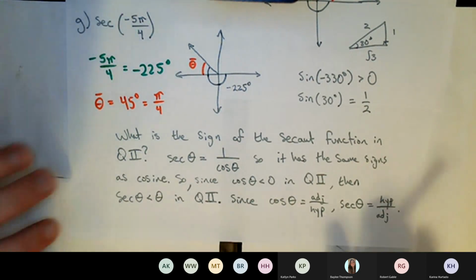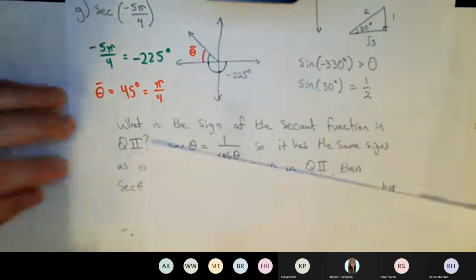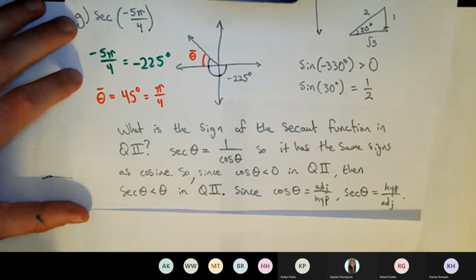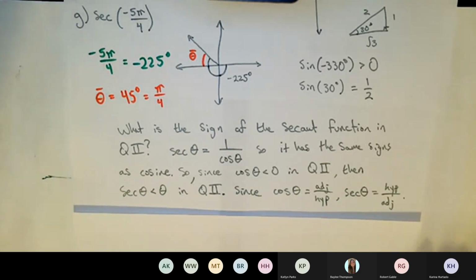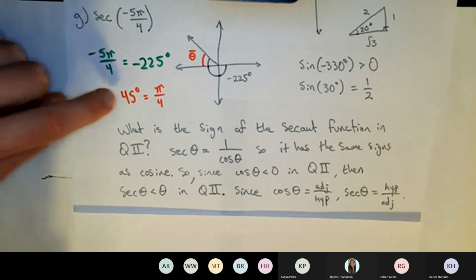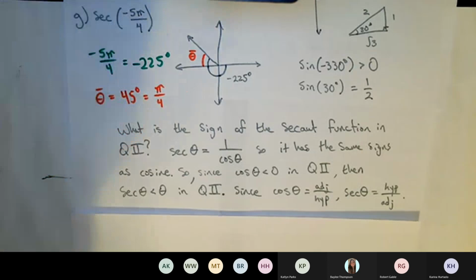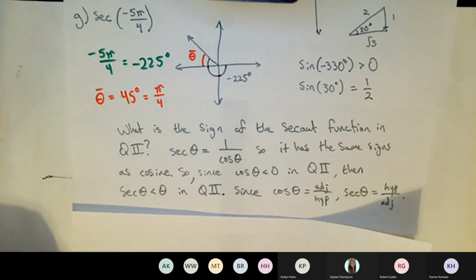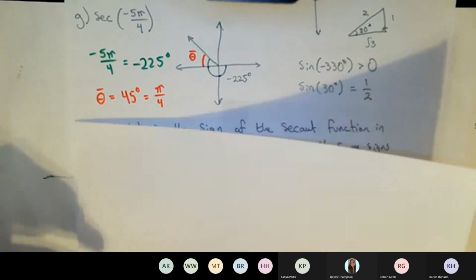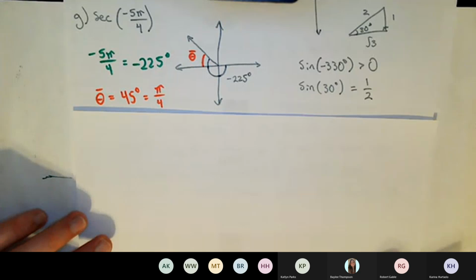Cool. So we need our reference triangle now. Where is that coming from? The reference triangle is coming from the reference angle of pi on 4. Just for room, I'm going to cover that up.